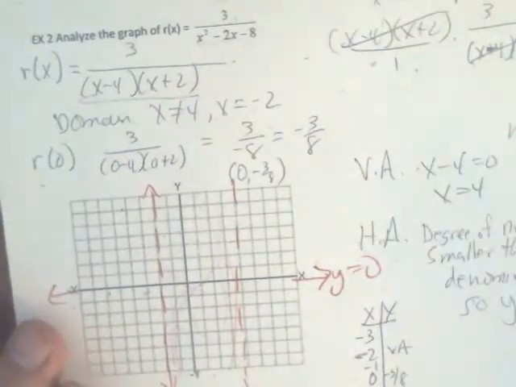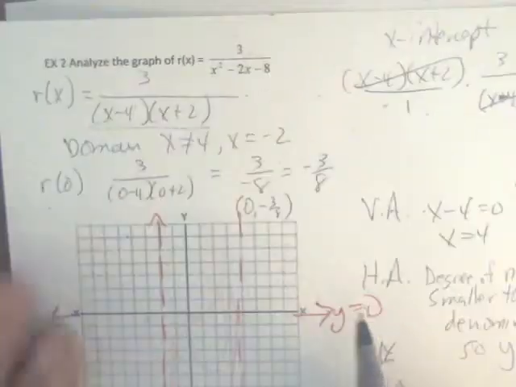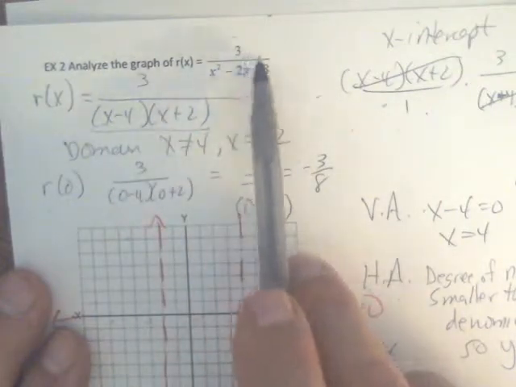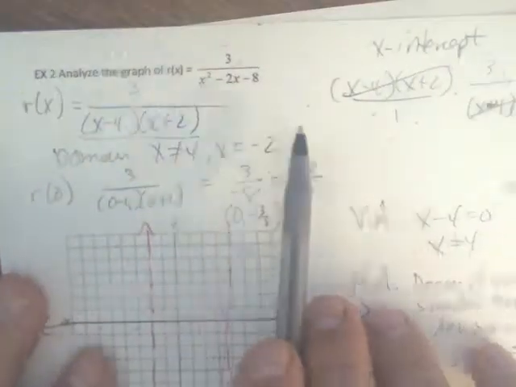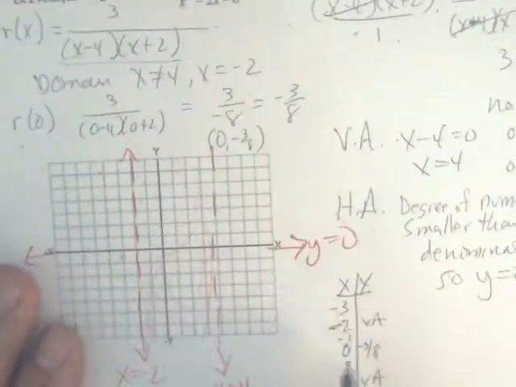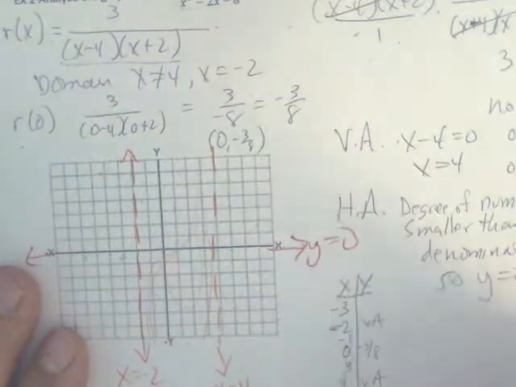Just for time purposes, I'm going to fill in these numbers without showing you each one of them. I just put each number back into the original equation. There are probably going to be a lot of fractions, but I'm just looking at the relationship of the numbers, positive, negative, things like that.